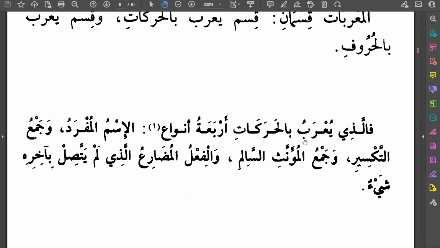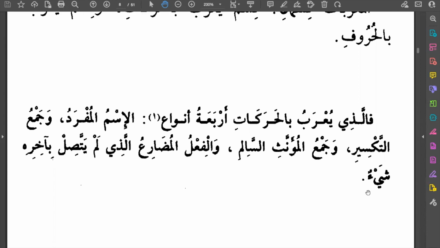So he says those things that are mu'rab with actual harakat are three. The اسم مفرد, the جمع تكسير, the جمع مؤنث سالم, والفعل المضارع الذي لم يتصل بآخره شيء, and the فعل المضارع which لم يتصل, did not attach بآخره, at the end of it, شيء, anything.